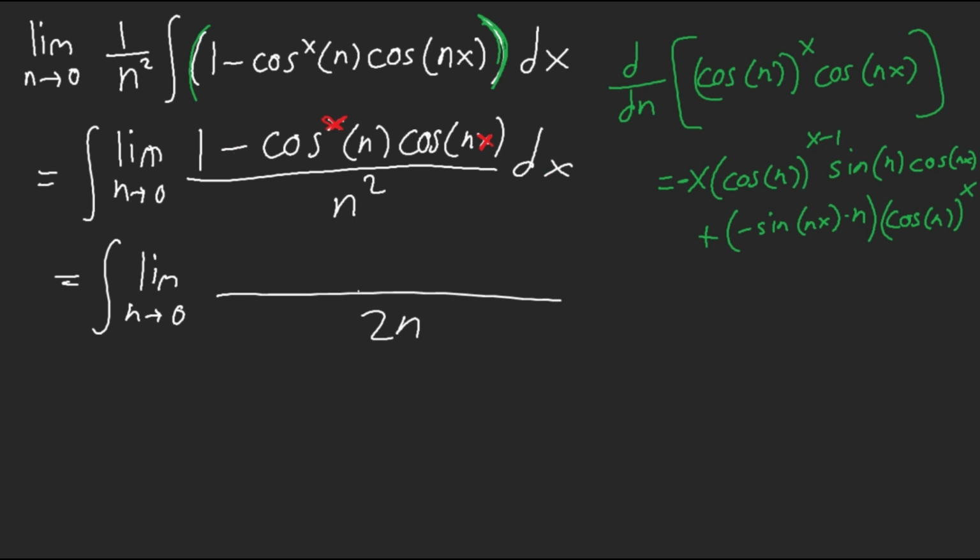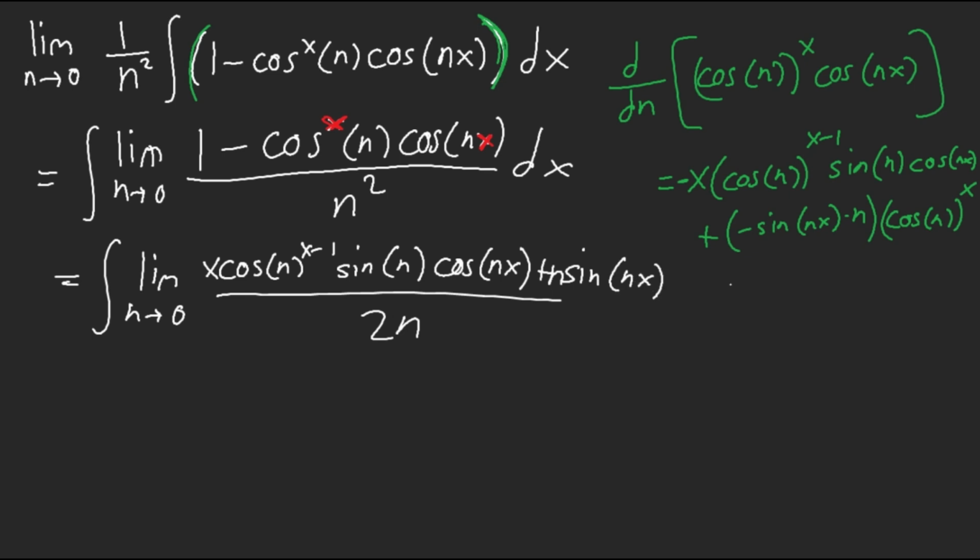And so what we exactly have is x, cosine of n, x minus 1, sine of n, cosine of nx, plus n times sine of nx.